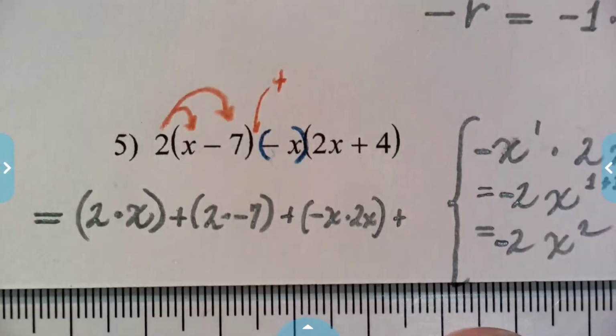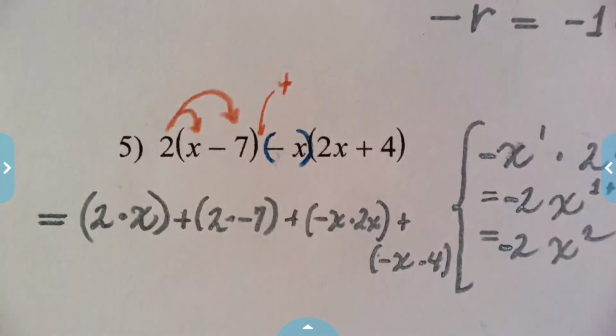And I'm going to run out of room, so I'll have to write down here negative x times 4. Okay?